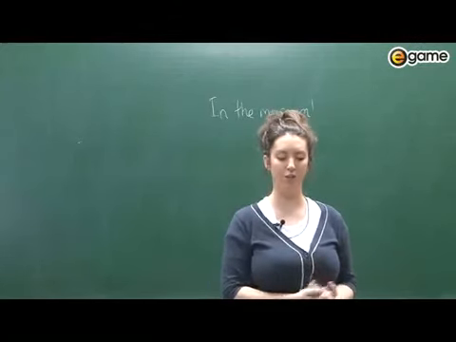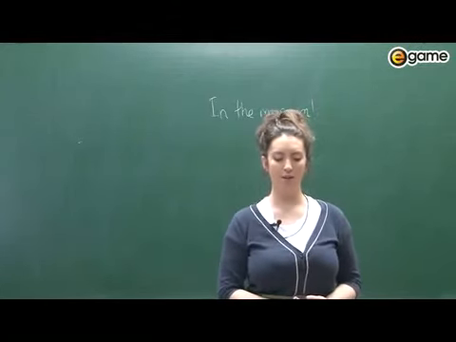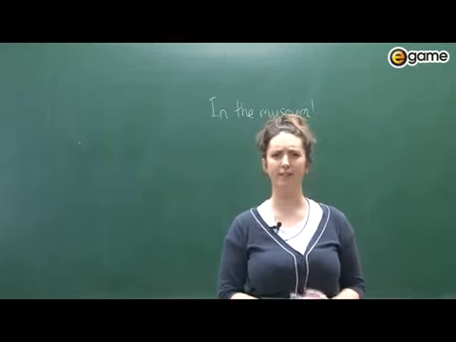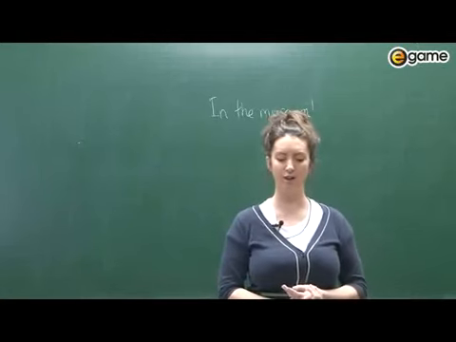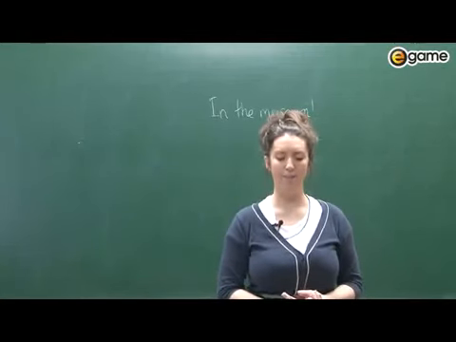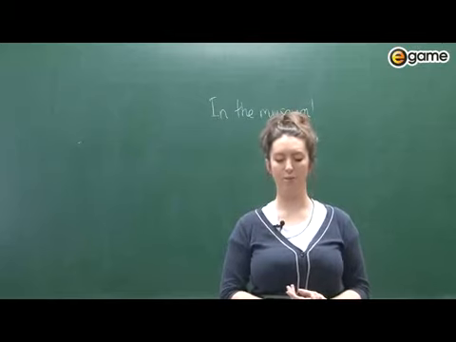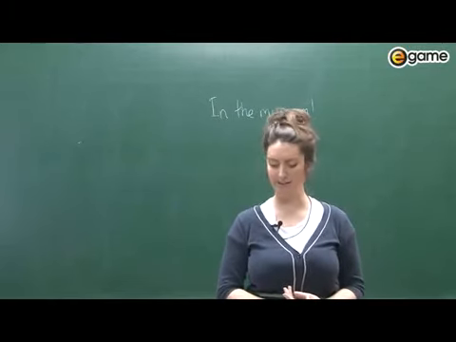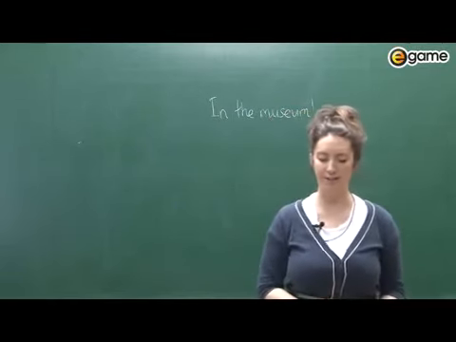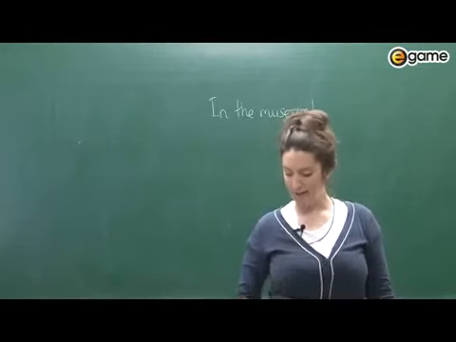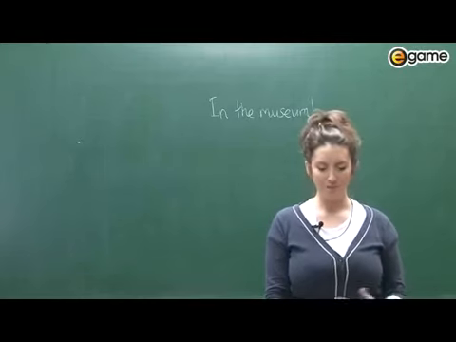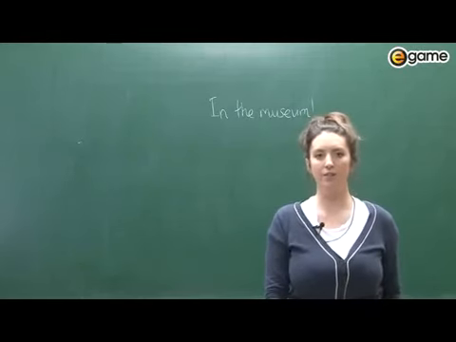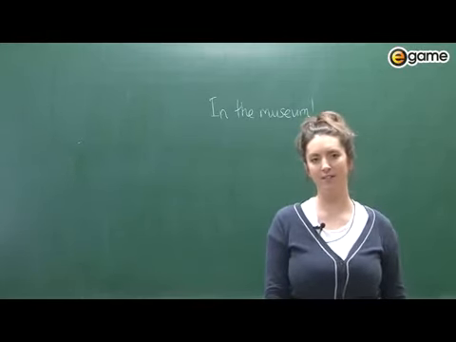There wasn't a shopping mall. Some funny trains, so more than one funny train. There were some funny trains. And planes, there weren't any planes 200 years ago. Okay, so you can see we're talking about our town and the past.